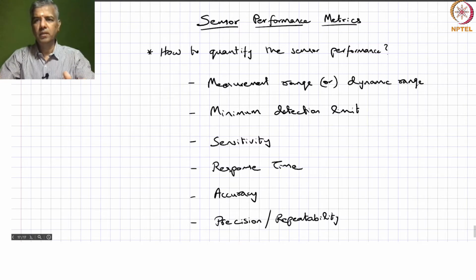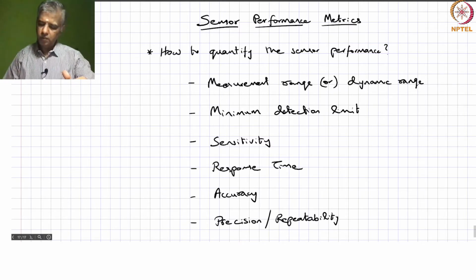There are certain applications where the way the sensor is designed, it exhibits hysteresis, so you need to quantify the hysteresis and so on. But those are some special cases. So let's look at how these quantities would work.